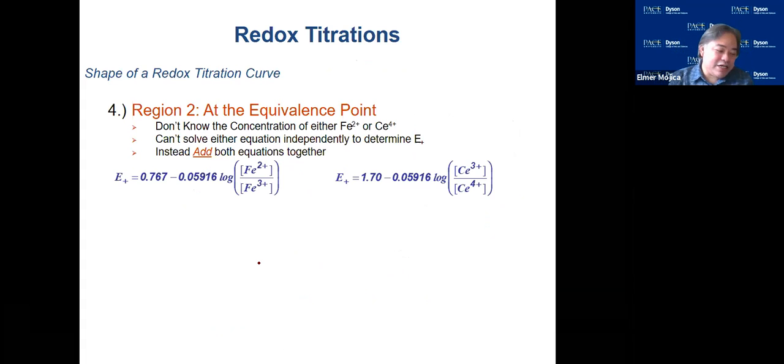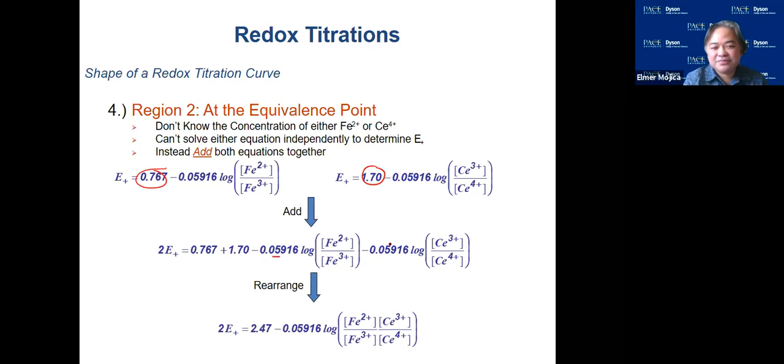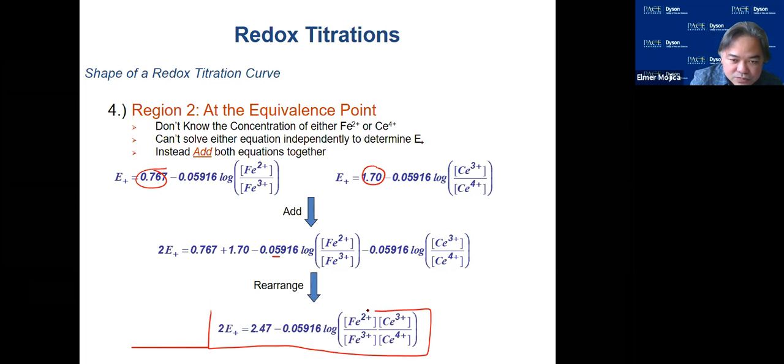So when you add them, what will happen? Let's look at your math knowledge. What happens if you add them? You're going to add this, and then you're going to combine these two here, and you end up with this. So where did I get 2E+?